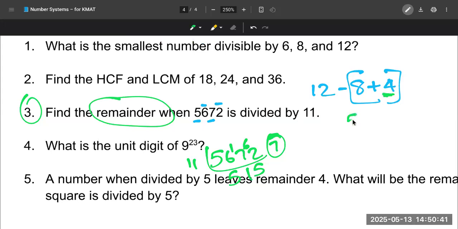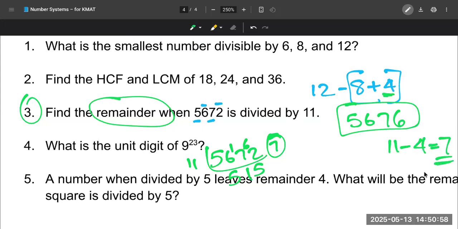Or in another sense, 5676 is divisible by 11. So 4 is a shortage. That means 11 minus 4 is 7. Either you can increase by 4 or you can decrease by 7.